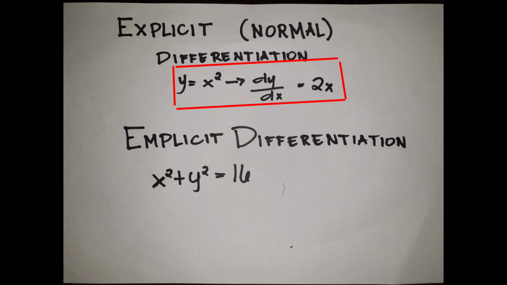Explicit differentiation is when you have a normal y equals some x expression, so it is a function explicitly in terms of x. You probably already know how to take the derivative of something like this. You just use the power rule, differentiate with respect to x, and your derivative, dy dx, would just be 2x.